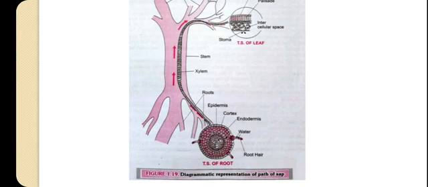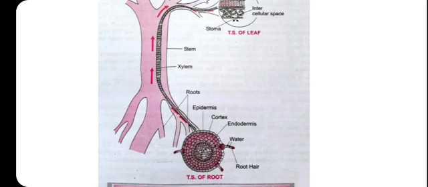Okay, so here first you know that the soil is rich in water and minerals. And the root area and the root hairs are deficient in water and minerals. So first what will happen, root hair, the epidermal cells, they will take the ions from the soil through active transport by using some energy in the form of ATP.